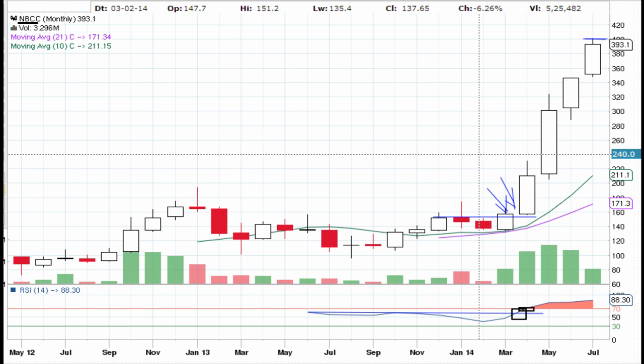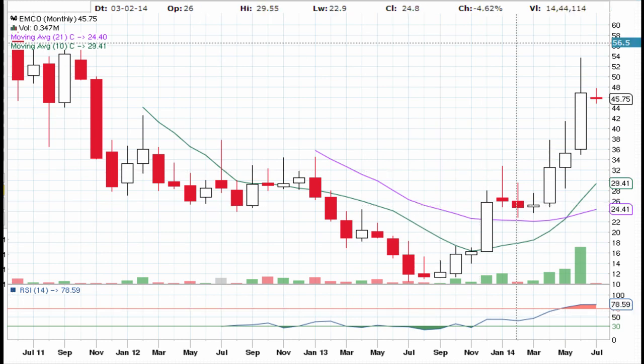Let's take a look at another one, EMCO. In this example, again, the same type of situation. So we know that the ultimate Muathe breakout, which can be seen on my videos on YouTube, is being met here. One of the requirements is that the RSI moved to 3-year highs.